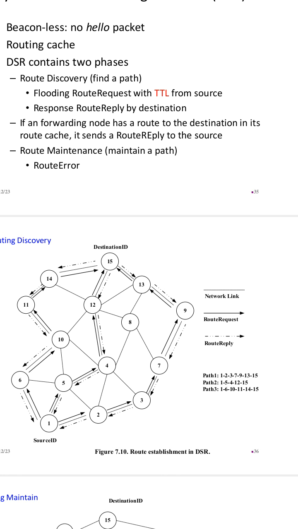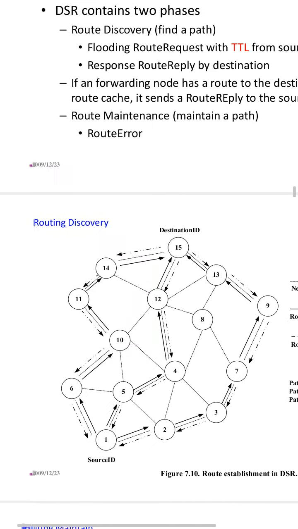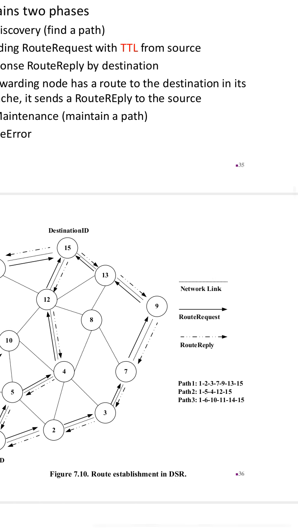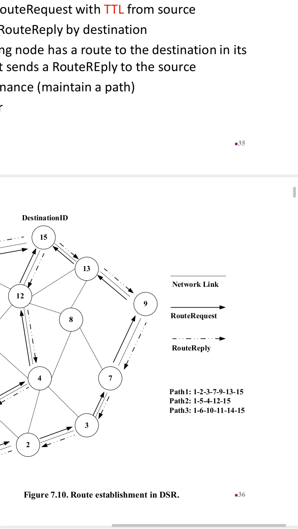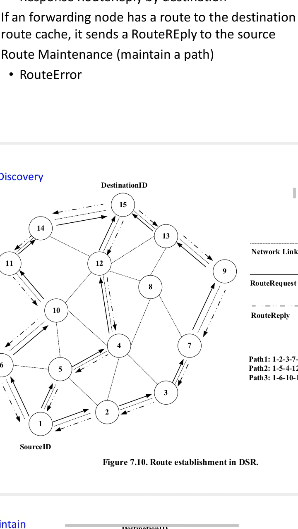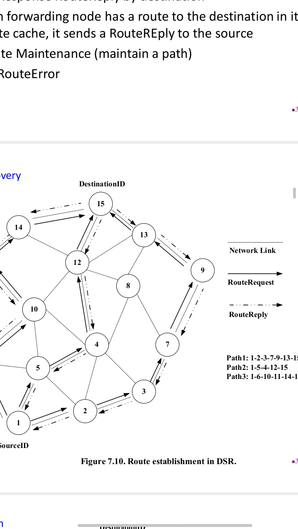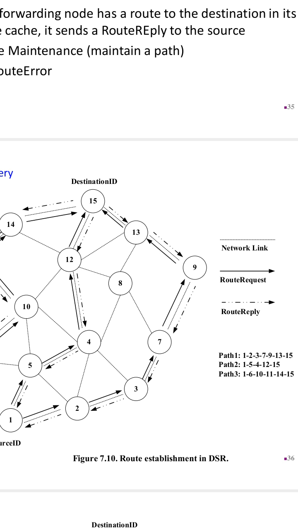So there are two phases, route discovery and route maintenance, and also two signals, the route request signal and the route reply signal. In route request, first the source node sends the route request to the destination.